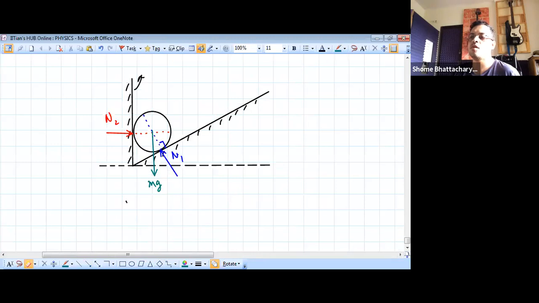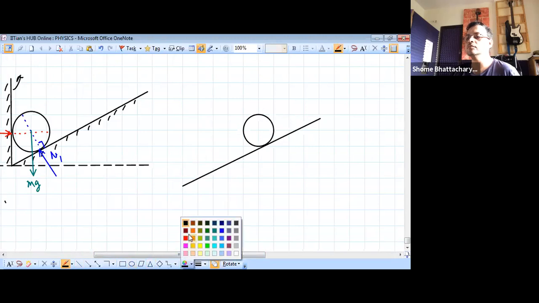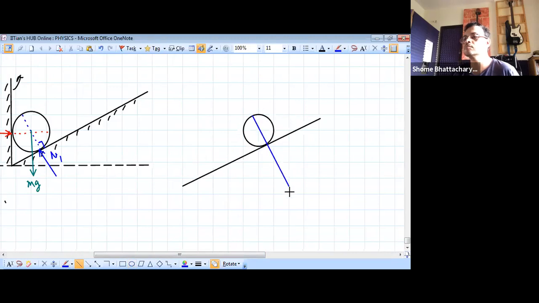Okay. Now, as far as understanding the angles are concerned, in a little bit more detail if you want to understand. See, this normal reaction that is acting, that is along this line, along a line like this.